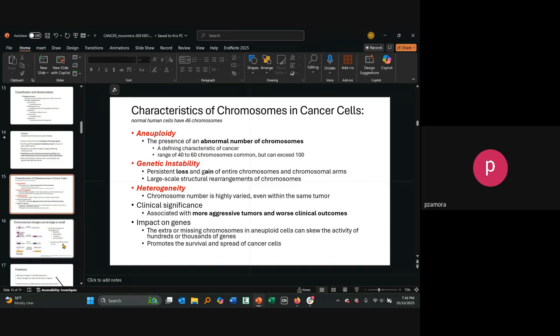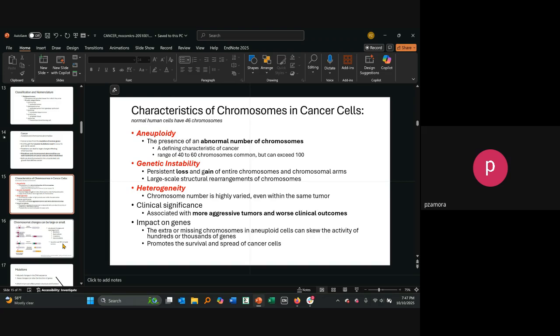There are some common characteristics of chromosomes in cancer cells. And because it's a hallmark of cancer, I want to spend a little bit of time on it. These chromosomes in cancer cells display aneuploidy. That is the presence of an abnormal number of chromosomes. Remembering that human cells, your normal cells, have 46 chromosomes.